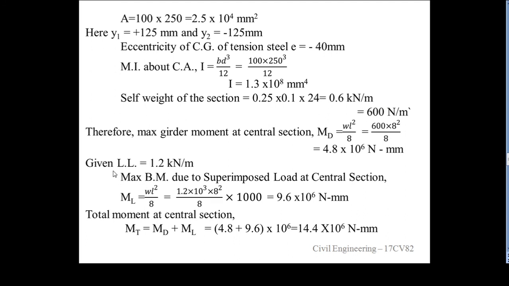Then given live load is equal to 1.2 kilonewton per meter. The maximum bending moment due to superimposed load at centroidal section, that is ML, is equal to WL square by 8.